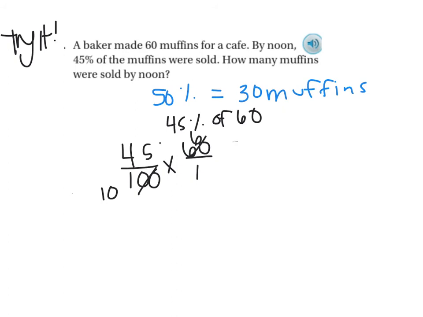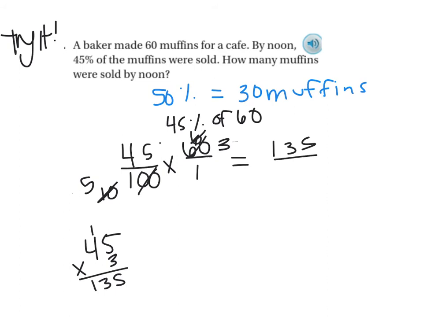Yeah. I can cross cancel again because they share a 2. That'll be 3, and that will be 5. Okay. Now, 45 times 3. 12, 13, 135. And 5 times 1 is 5.